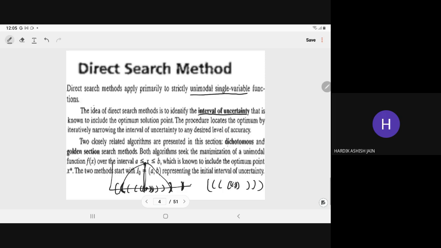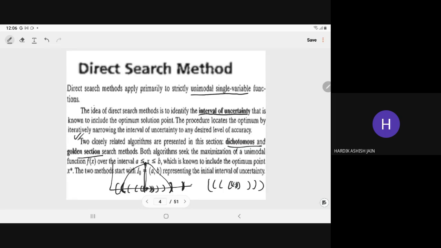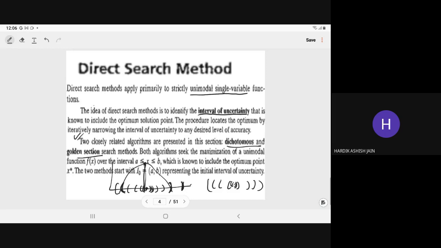Here we have two methods, the dichotomous method and the golden section method, to solve the unimodal single-variable unconstrained problem. Both algorithms seek the maximization of a unimodal function f(x) over the interval a to b, which is known to include the optimum point x star.